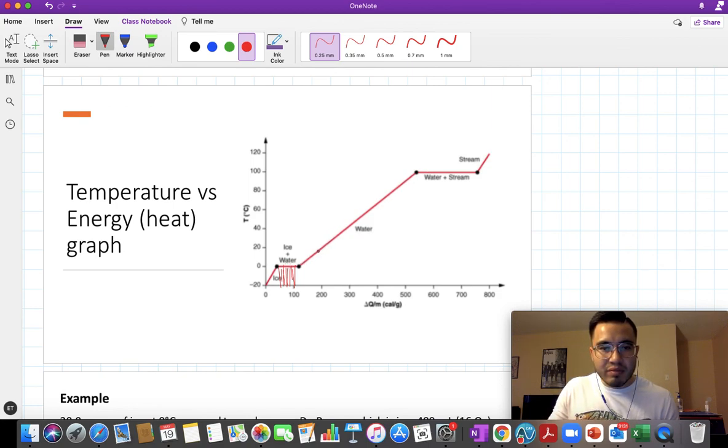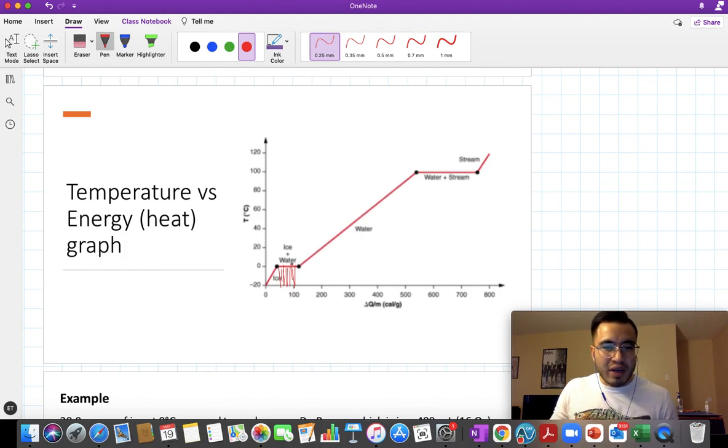Then also notice the length, the magnitude of this segment. It takes a lot of energy to boil water. I think you've seen it. It's also related to the mass, and I'll go back to the equation about that.